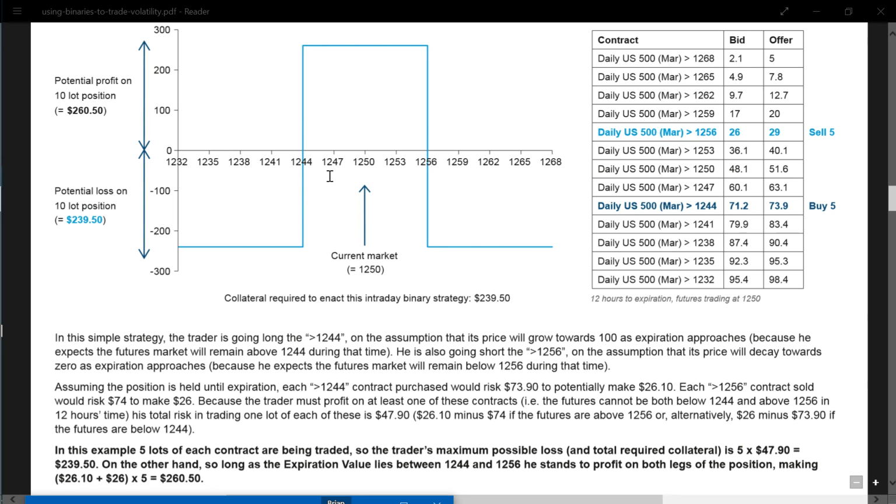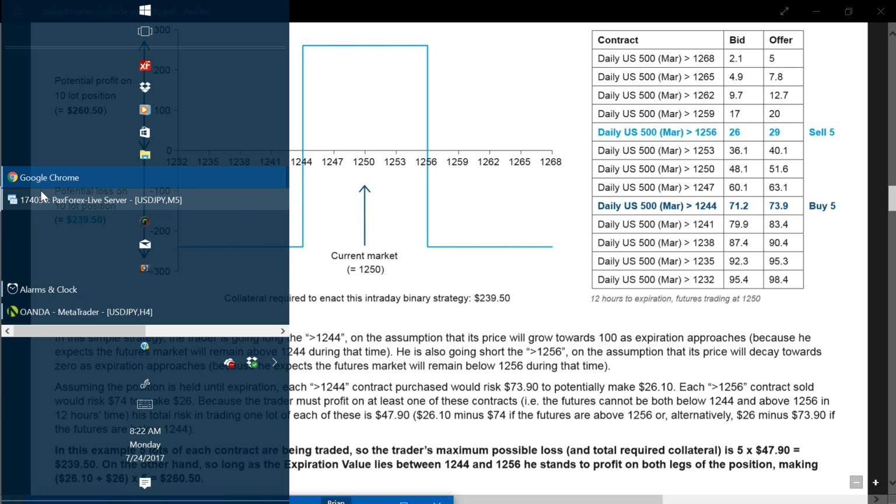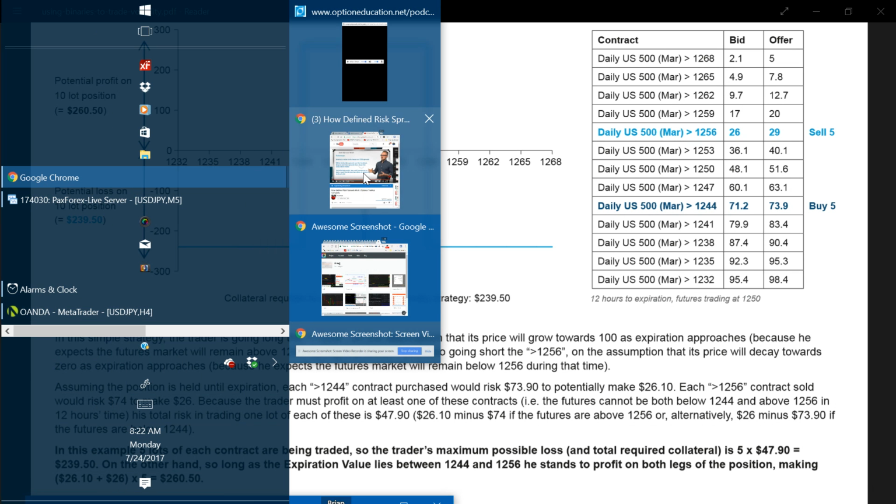Distance times pip value equals contract cost. So if you have a contract cost of $74 here, how can you make this distance worth $74? Well, you would do that, my friend, with very high leverage.